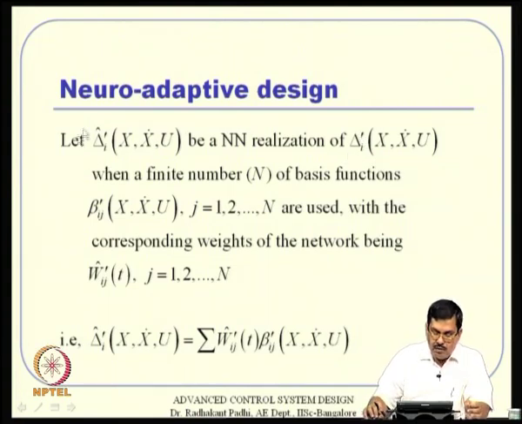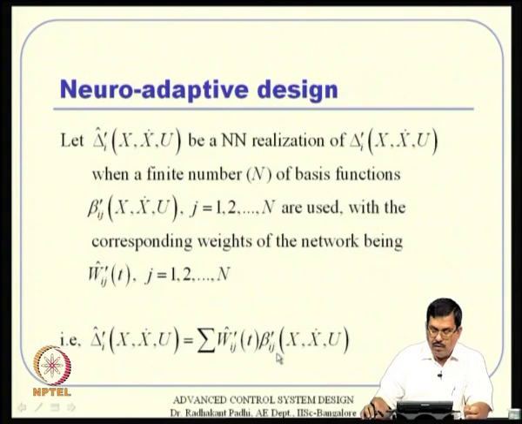With respect to this neural network, we will talk about these basis functions. The notation for the basis function we are going to use will be defined that way, with the corresponding weights of the network being like that. What is the meaning of that? The approximation of this function can be represented as something like that.